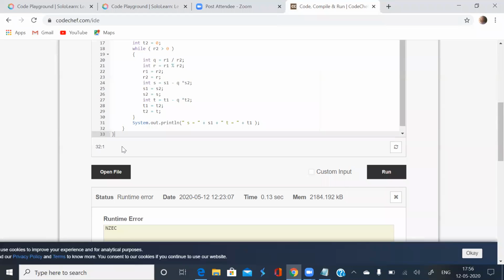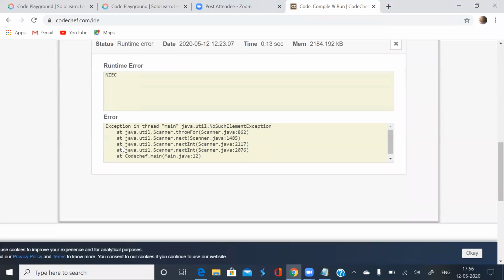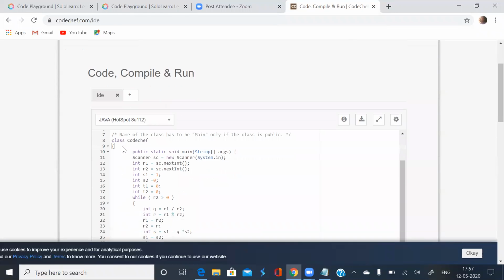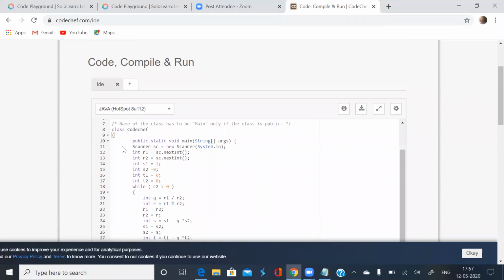Running. Scanner. Scanner, new Scanner, okay.